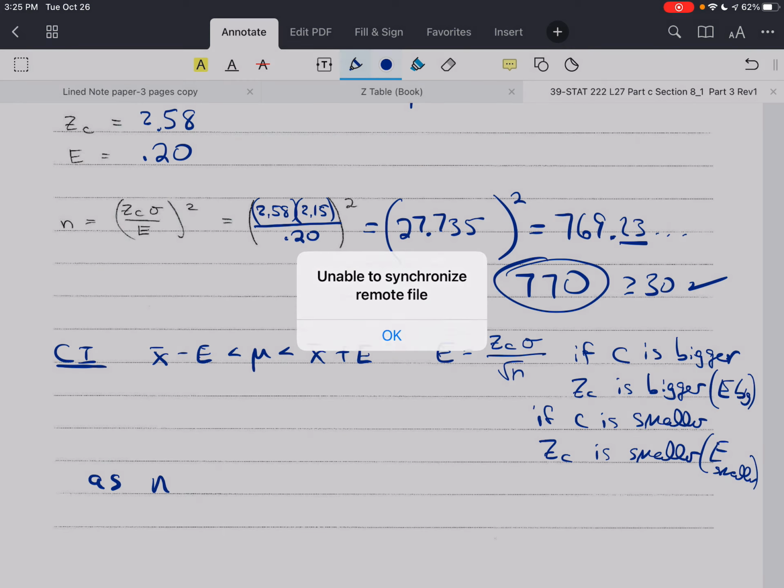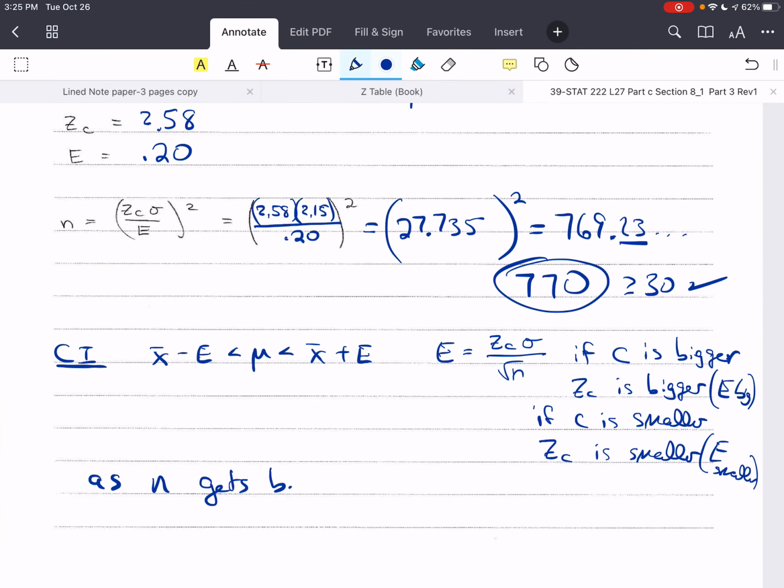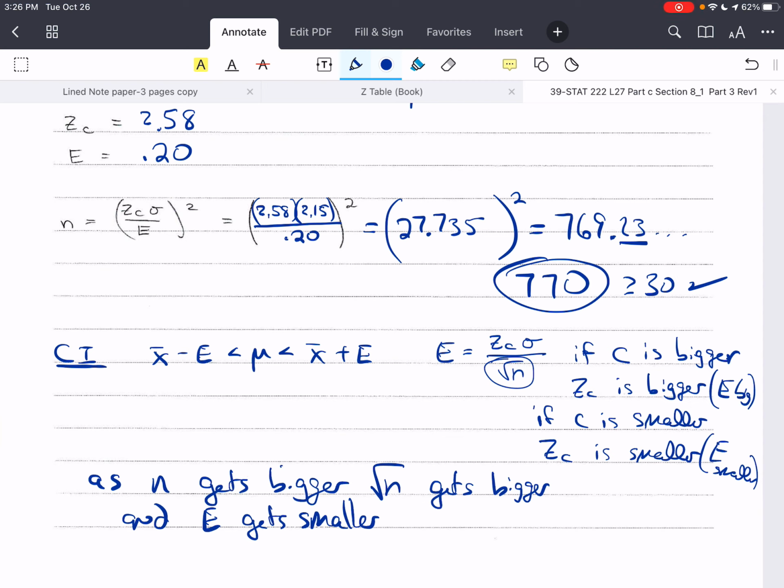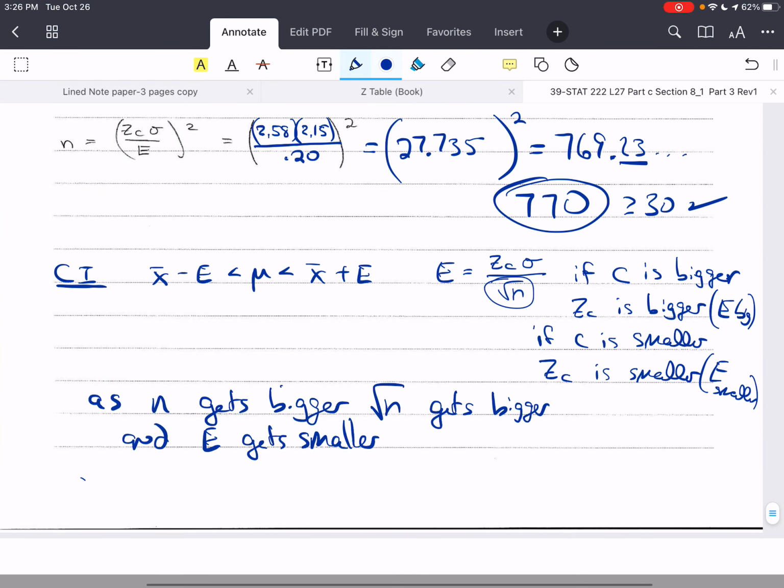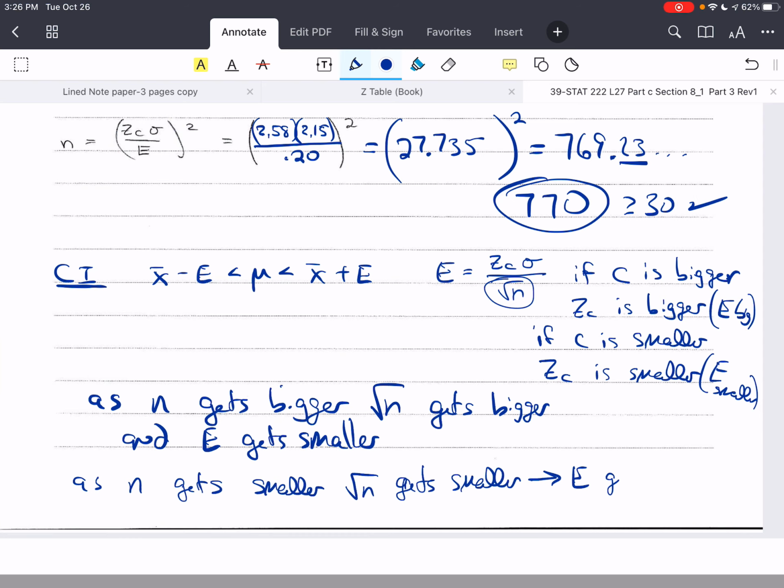As n gets bigger, square root of n gets bigger, and E gets smaller, because square root of n is on the bottom. So if we divide by a bigger number, we get a smaller number. As n gets smaller, square root of n gets smaller, E gets bigger.